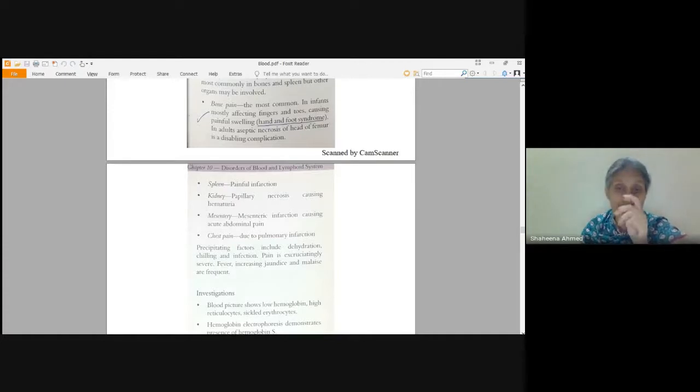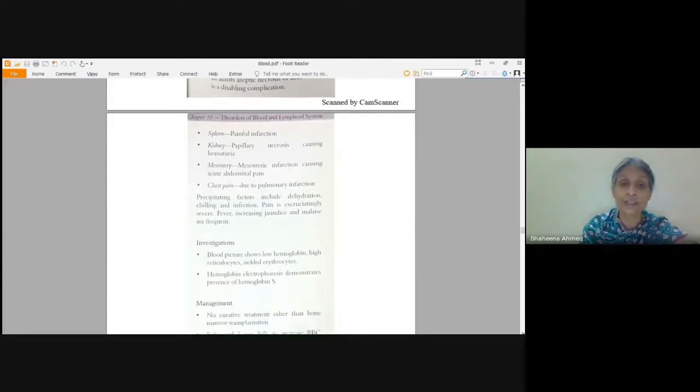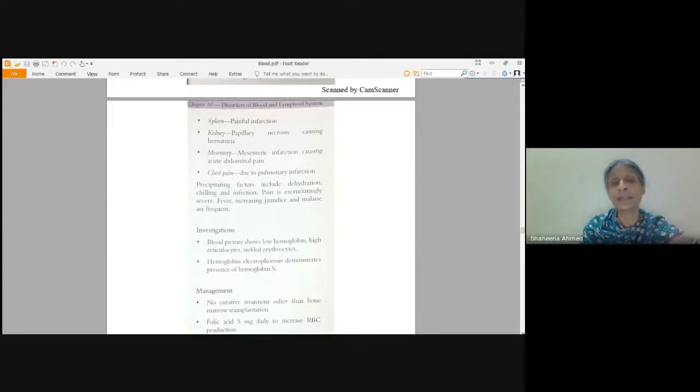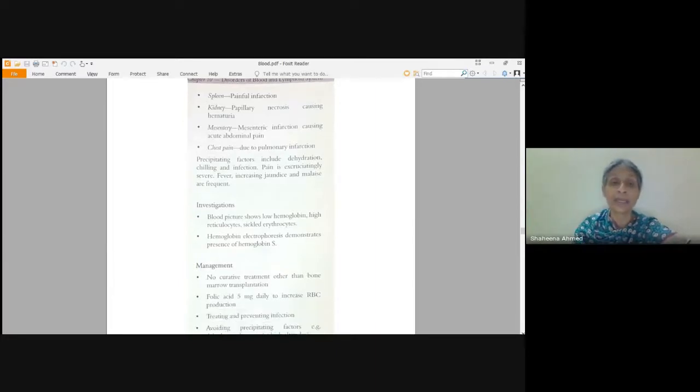In adults, it causes aseptic necrosis of the head of the femur. In the spleen, painful infarction is there. In kidneys, you will see necrosis and hematuria. In the mesentery, again, infarction will be seen, which can lead to abdominal pain. In the chest, again, pulmonary infarction.